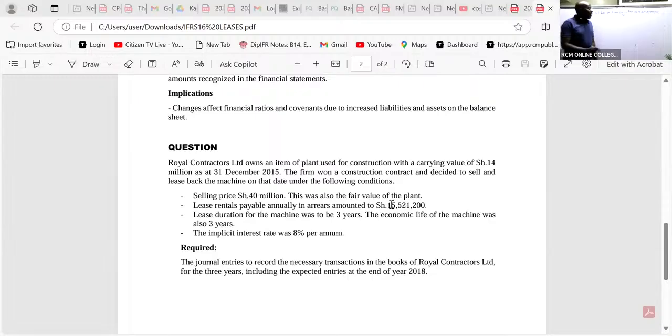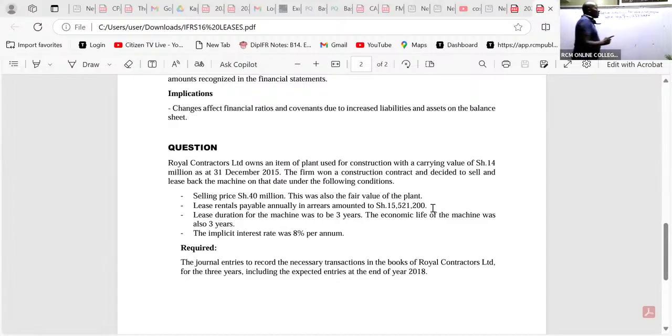So in this case here, we have the lease rental per annum, which is 15,521,200. And remember, this is per annum.